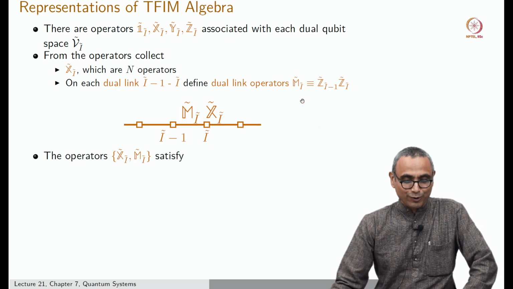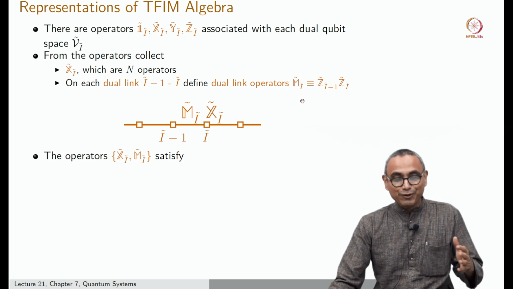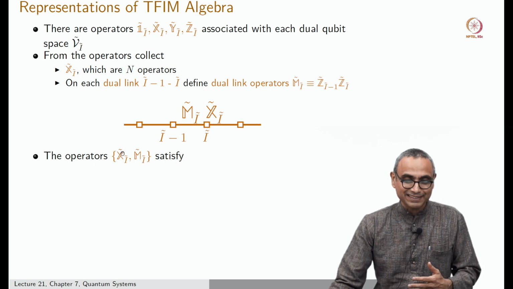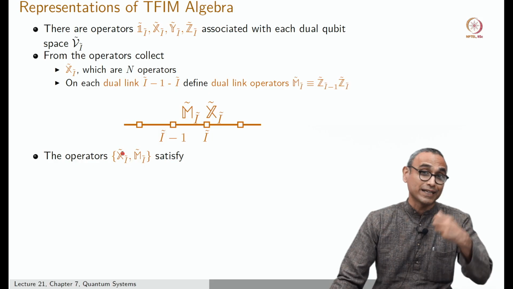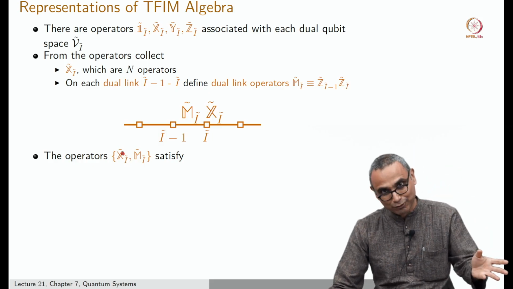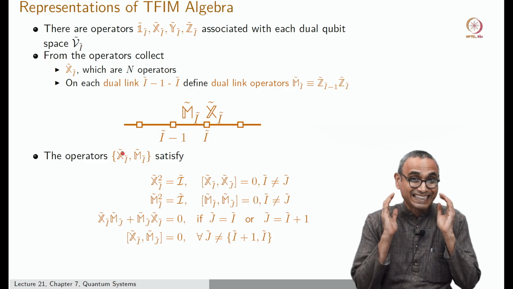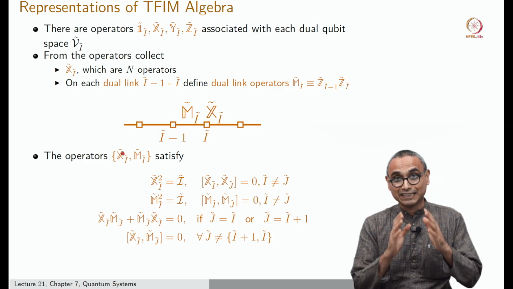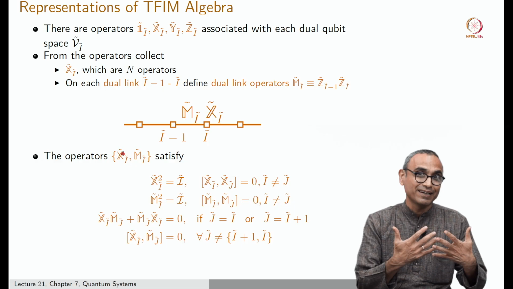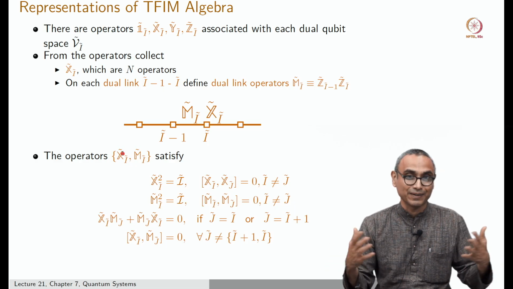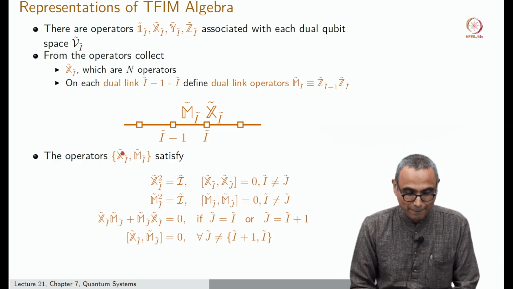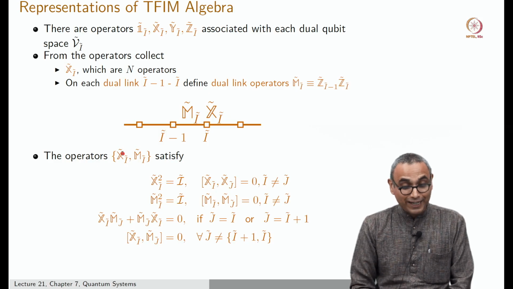Okay, what do I gain out of this? Now, if you take this set of objects, which are acting on a different Hilbert space, a different set of operators, they will satisfy exactly the same conditions as what I had in my original transverse field Ising model. Okay.